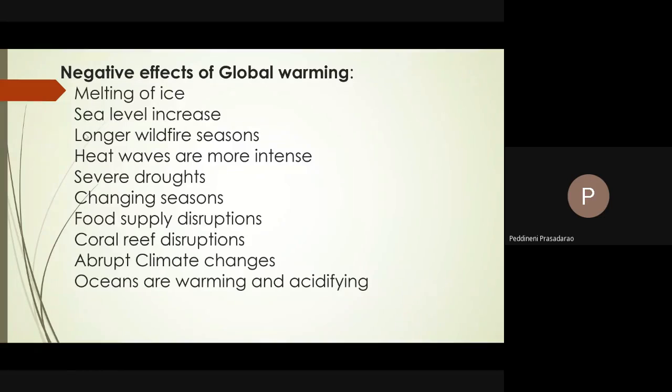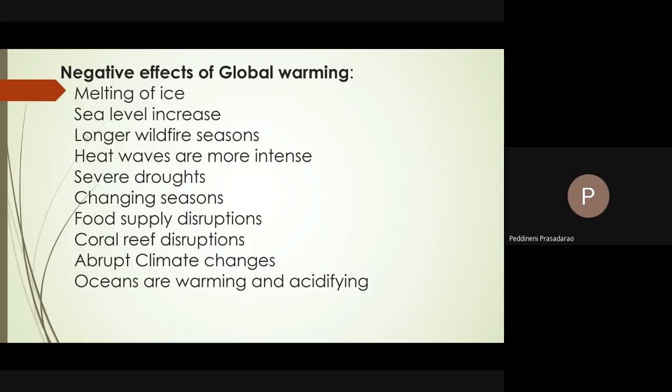The troposphere is transparent to the incoming radiation but opaque to the outgoing radiation. As a result the outgoing radiation is retained, and once the energy is retained, the temperature increases. That is what we call global warming or the greenhouse effect.